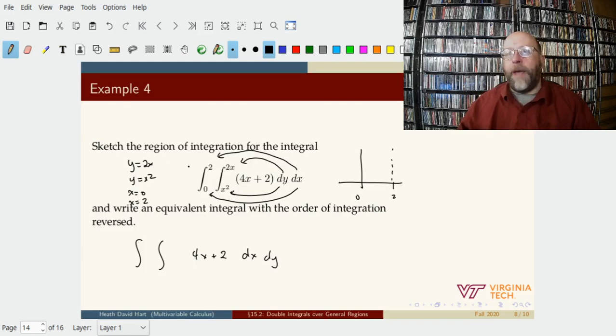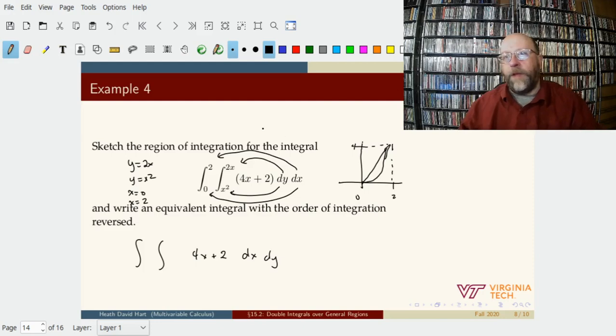The upper boundary is y equals 2x. That's a straight line with a slope of 2. And it goes through y equals 4 up here. When x is equal to 2, then 2x is equal to 4. The lower boundary is y equals x squared, which is a parabola that curves up and then hits y equals 4 also.